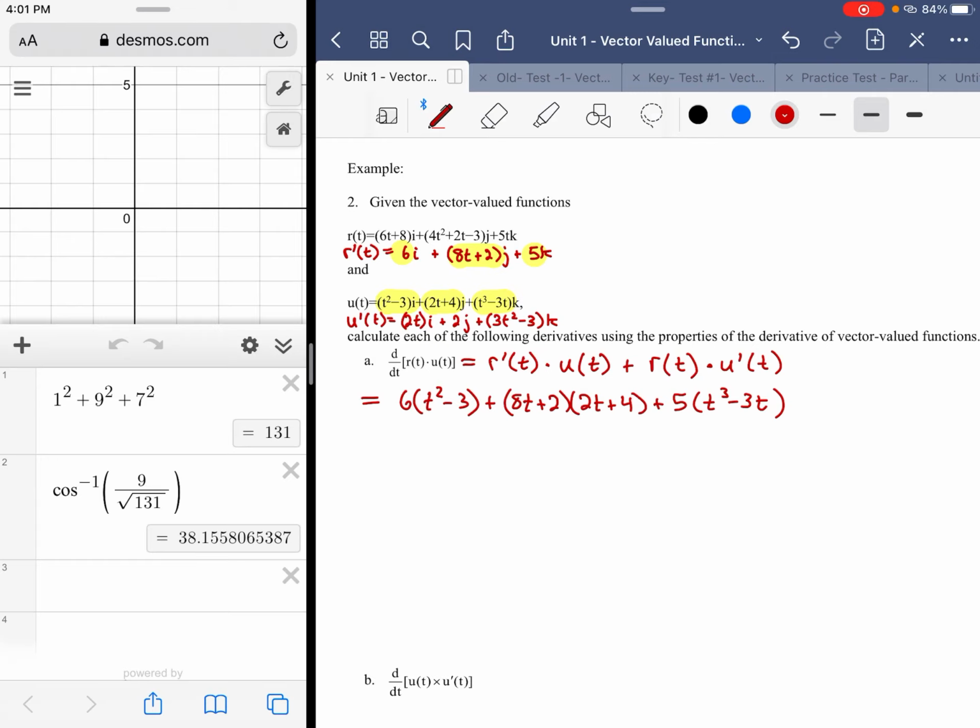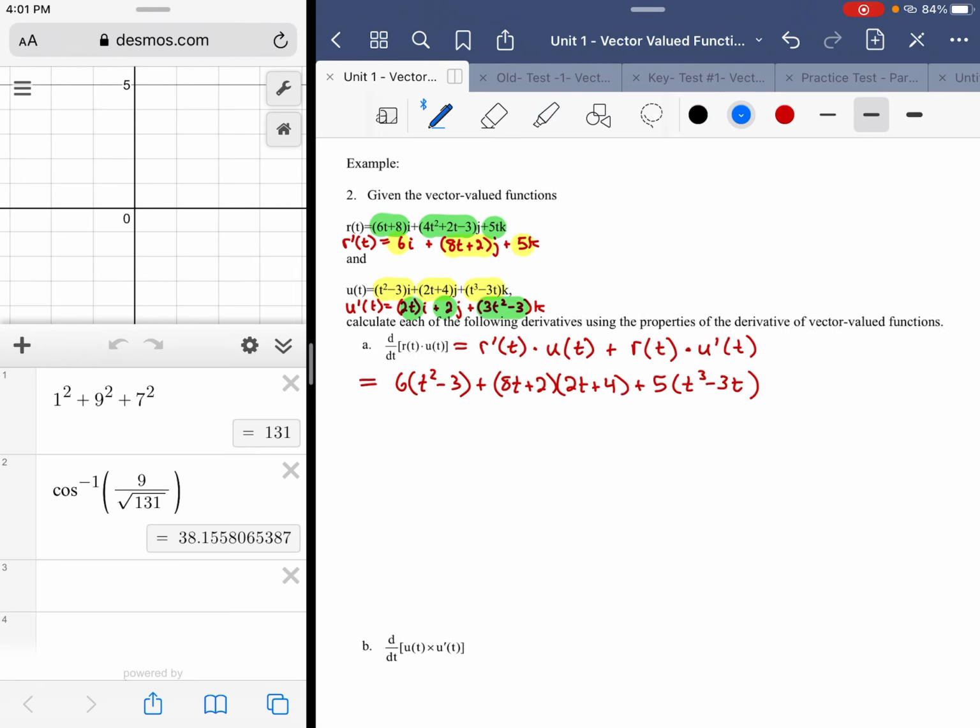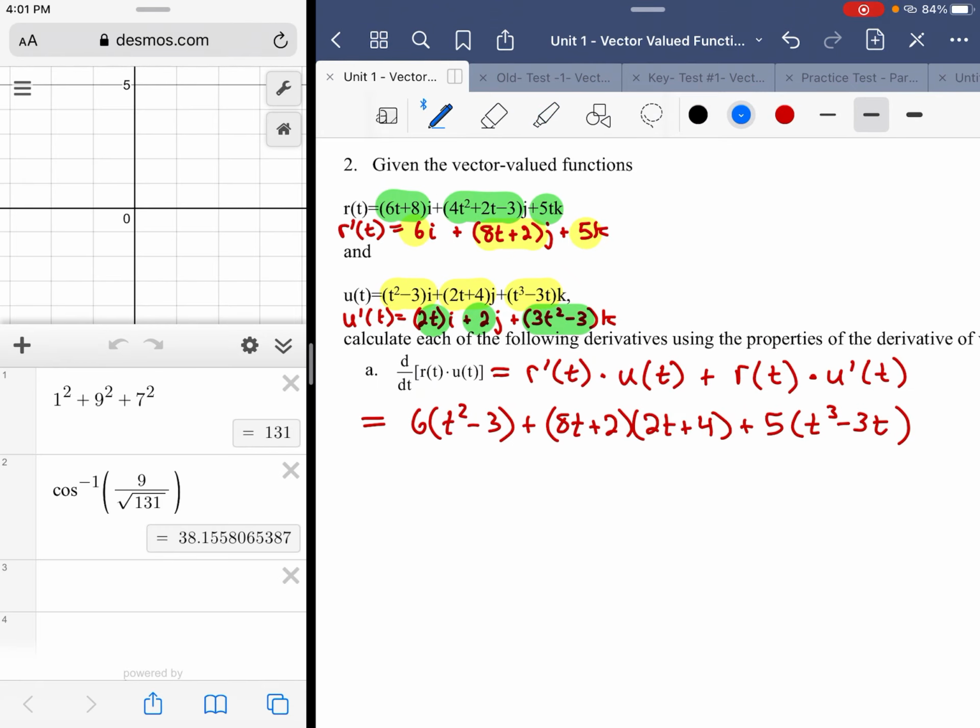All right, and added to that, we're going to take the dot product between r and u prime. So we'll multiply those corresponding parts. I'm just going to throw it right below because I don't think I have enough room along the side.